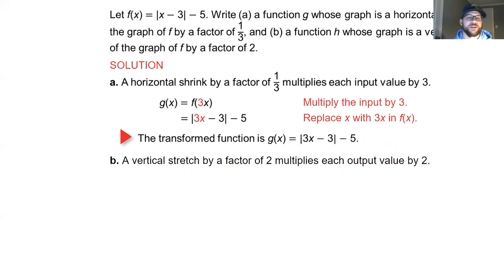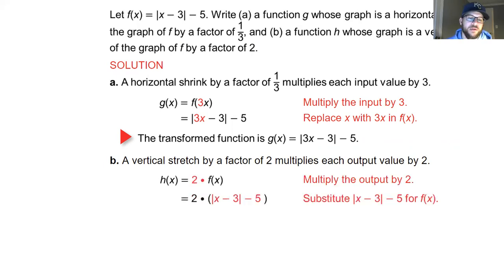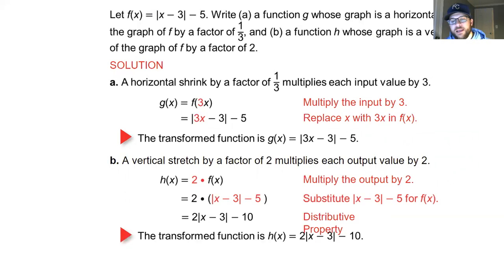The vertical stretch by a factor of 2 multiplies all of your output values by a value of 2, so that is happening outside the equation. So 2 is going to be multiplied times the whole thing outside of the parentheses, |x - 3| - 5, using your distributive property to multiply the 2 times just the absolute value portion, and then 2 times the -5 to get -10, and that would be your new function.